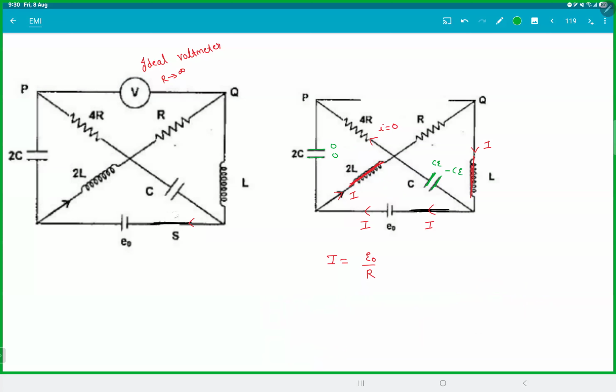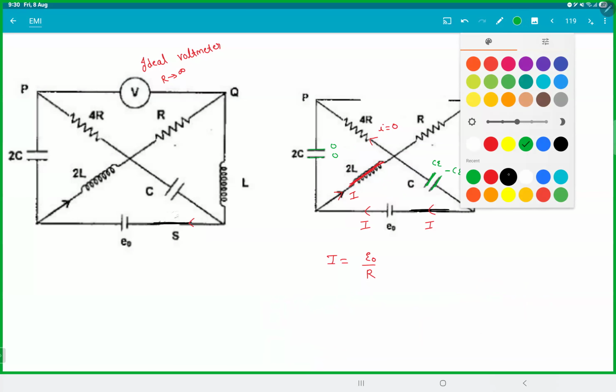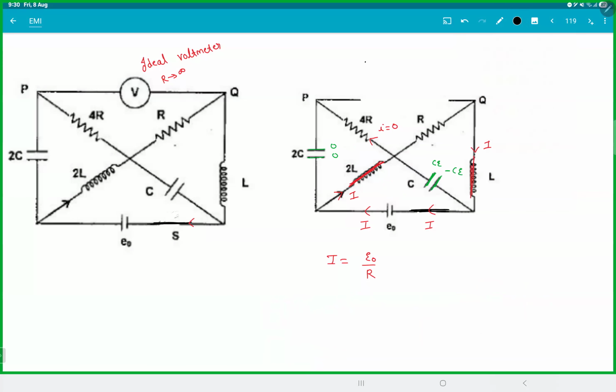Now if you suddenly open the switch, something weird happens. This current which is flowing, so this inductor, current I is flowing, this current I is flowing, this current I is flowing.